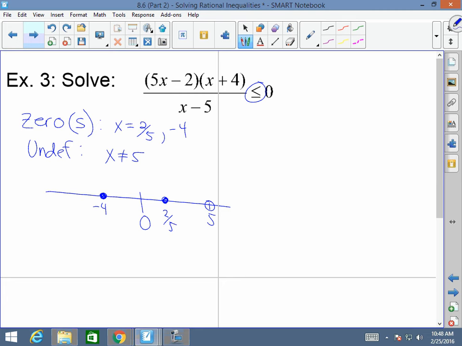Now, what are my intervals here? Well, I can be less than negative 4. I could be greater than negative 4 but less than 2/5, or in other words, in between negative 4 and 2/5. I can be greater than 2/5 but less than 5, that's interval 3. And then I can be greater than 5, which is interval 4.